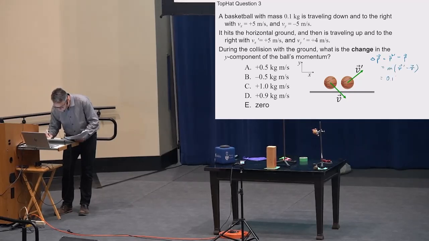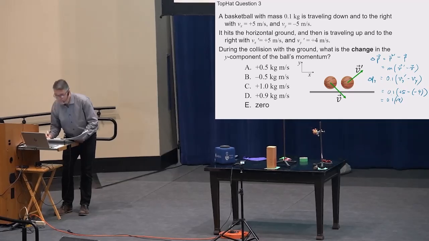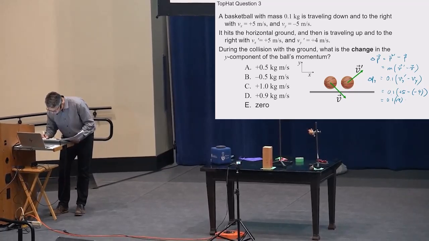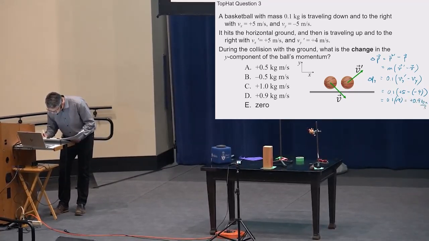Delta P y is 0.1 times V y final minus V y initial, which is +5 minus -4. 0.1 times 9. Minus 4 is adding 4. So you get 5 + 4, so 0.9 kilograms meters per second.